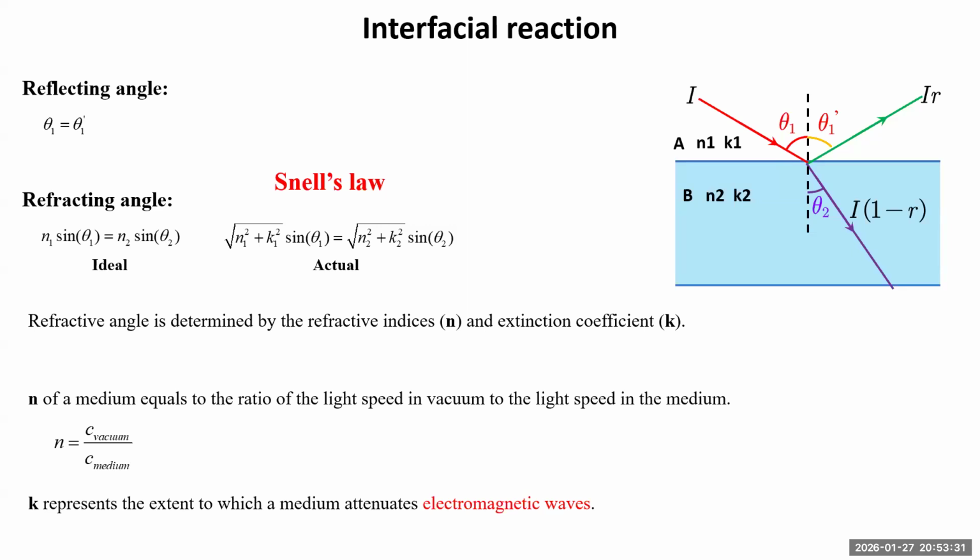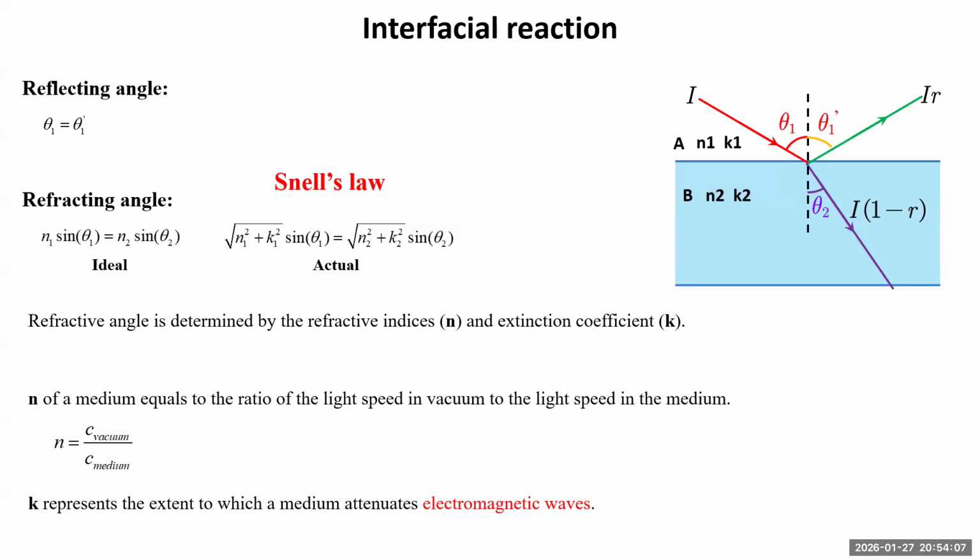In the ideal situation, the refracting angle depends on the refractive indices of the two media and the incident angle. The refractive index of a medium equals the ratio of the light speed in vacuum to the light speed in the medium. For the ideal situation formula, you can remember or write it down because in the later calculation, we need to use it.